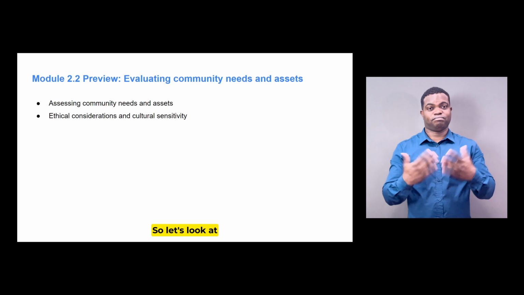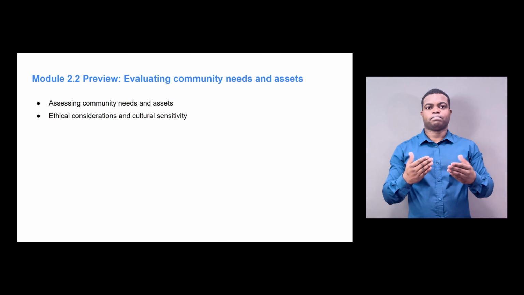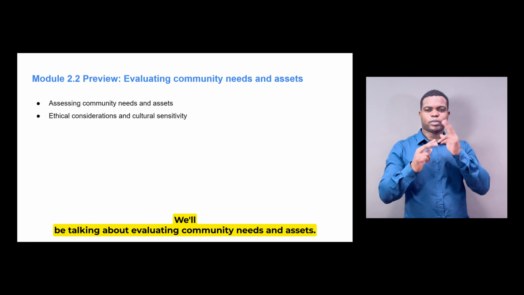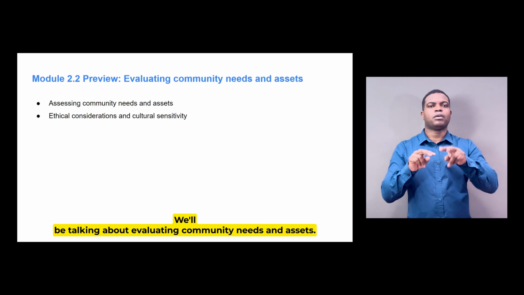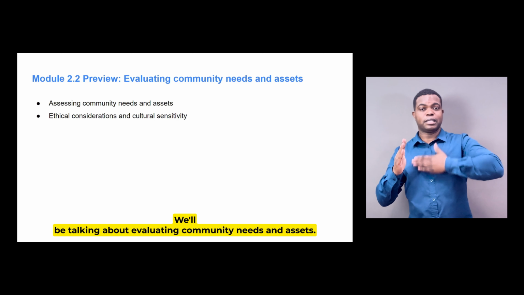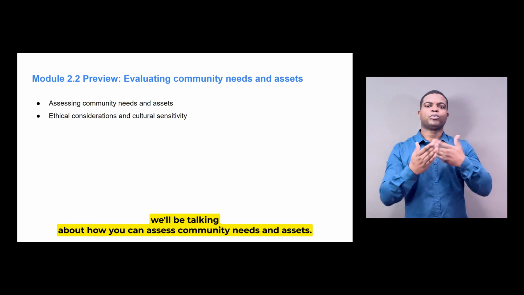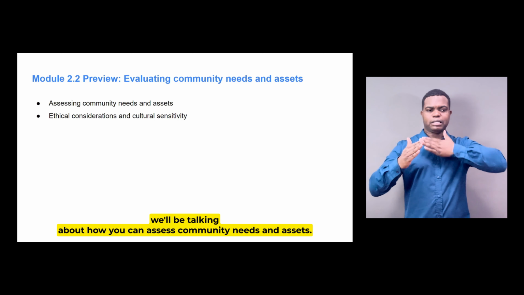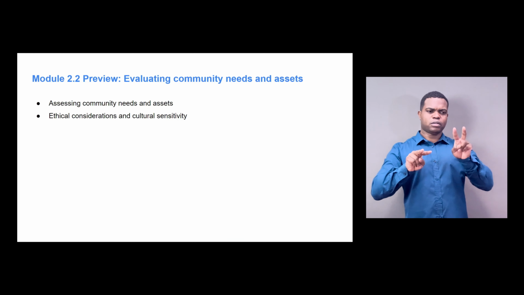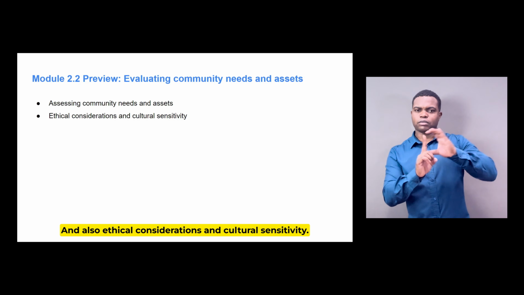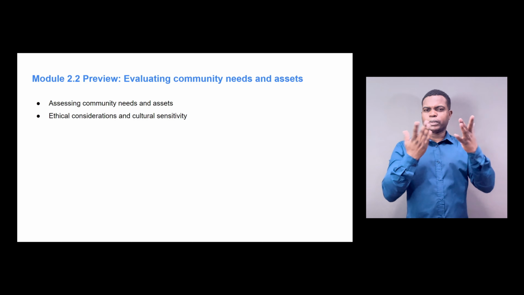So let's look at the module 2.2 preview. We'll be talking about evaluating community needs and assets. In the next module, we'll be talking about how you can assess community needs and assets, and also ethical considerations and cultural sensitivity.